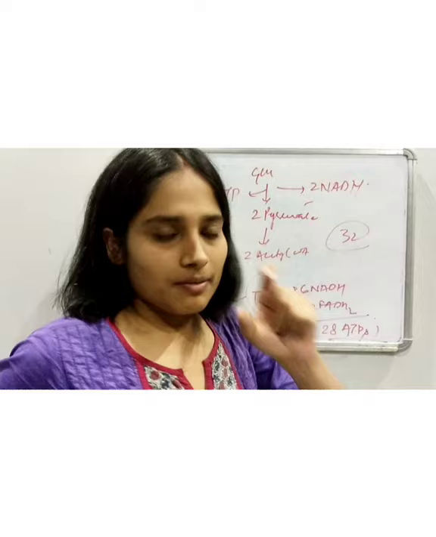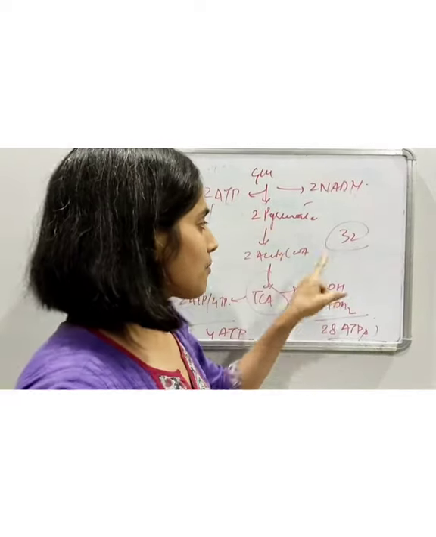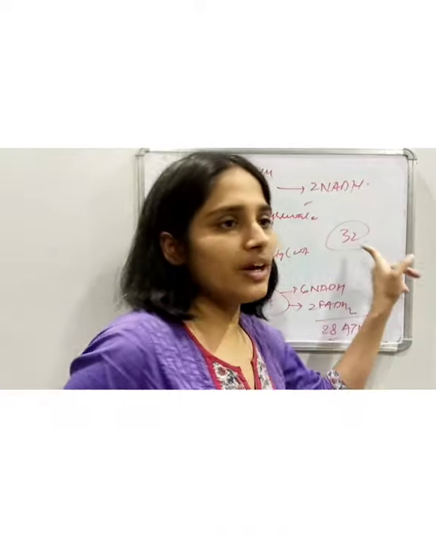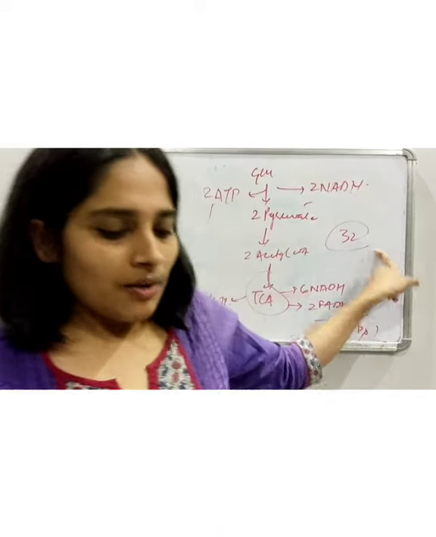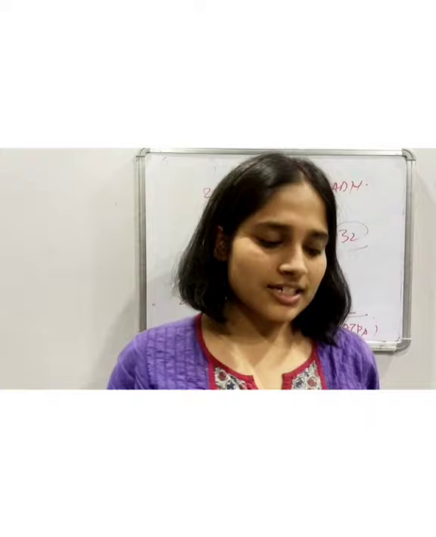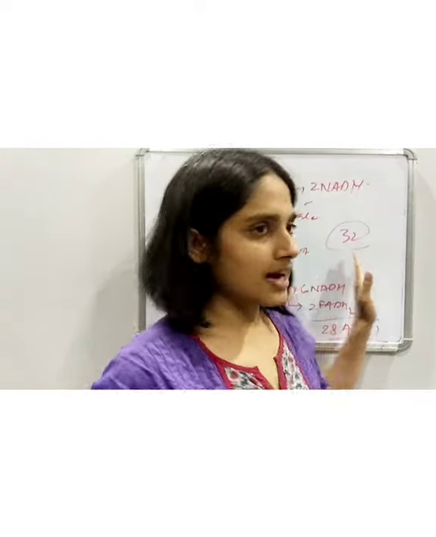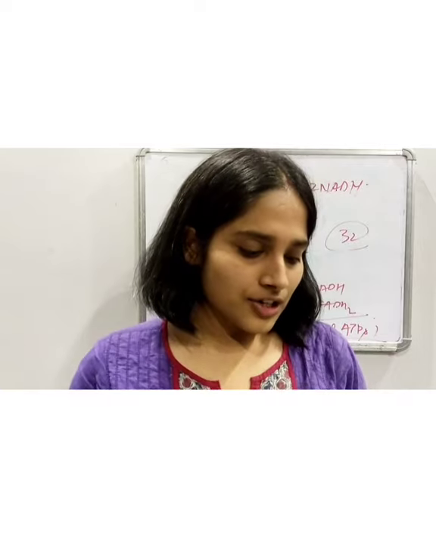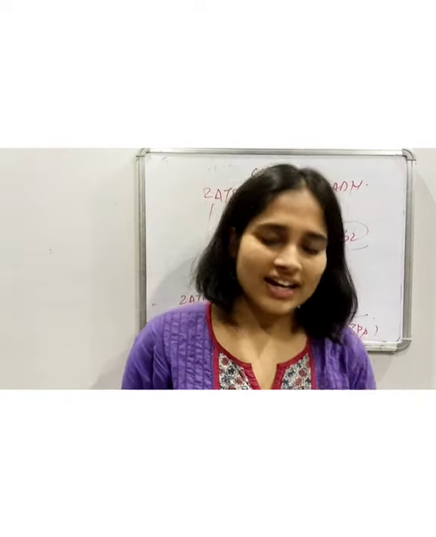Complete aerobic, remember this term, aerobic. Complete aerobic oxidation of glucose will generate 32 ATP molecules, whereas anaerobic is in the absence of oxygen. In anaerobic conditions, lactate is formed from pyruvate, not acetyl coenzyme A. Lactate is formed from pyruvate after glycolysis by lactate dehydrogenase, and one NADH is consumed.